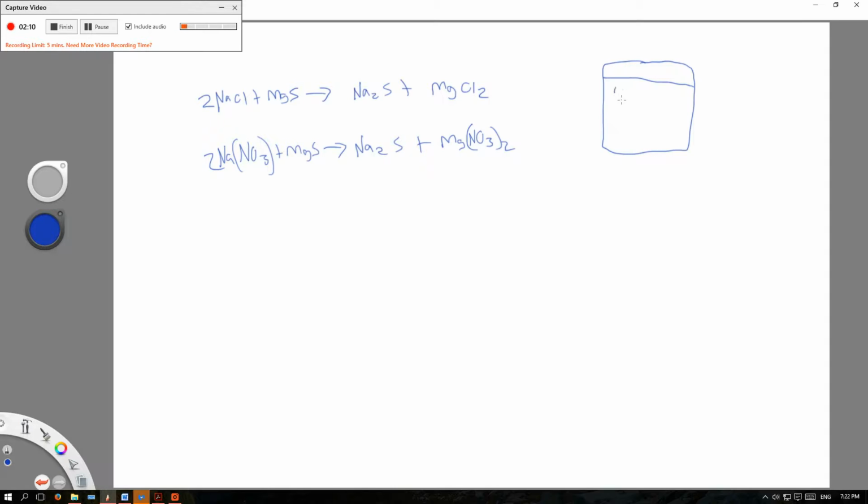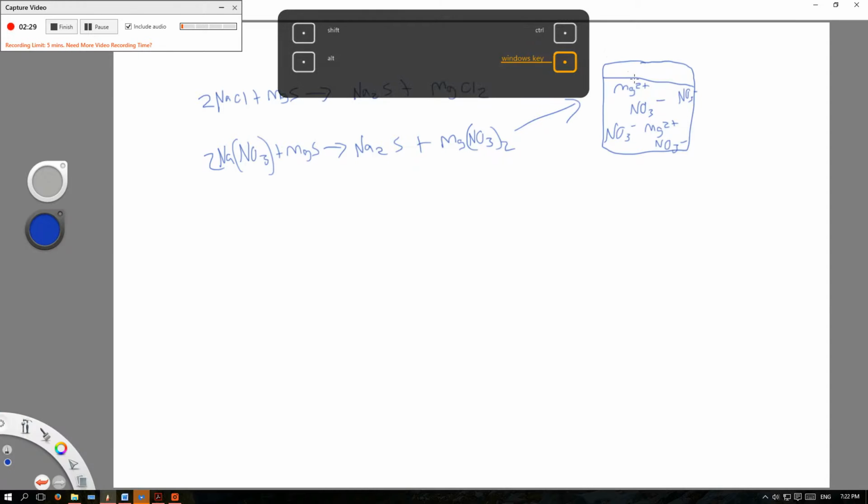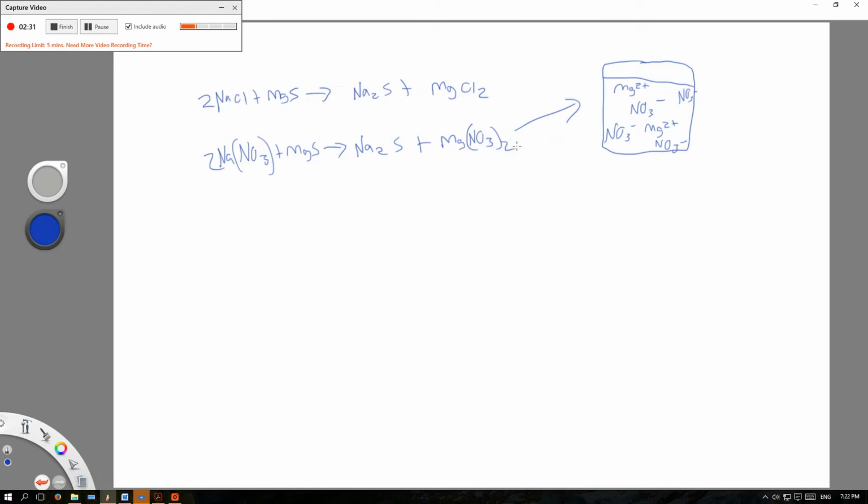If you put this in some water, it's going to break up into this, right? It's going to break up into its ions. And we're going to have those floating around in solution. Now, you can see here, like I said, keep the molar ratios intact.